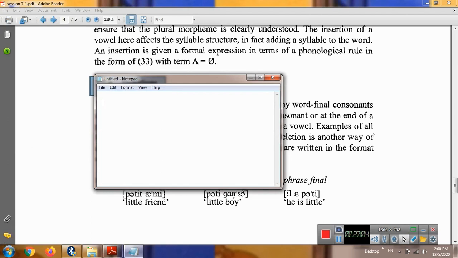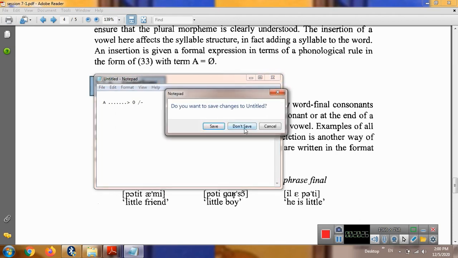This is the symbol of, for example, one sound which is deleted. I use 0 for deletion. For example, in this environment, it is the rule for deletion.